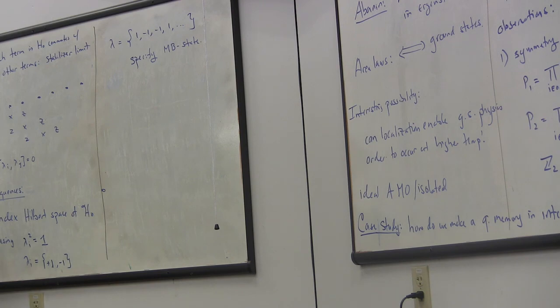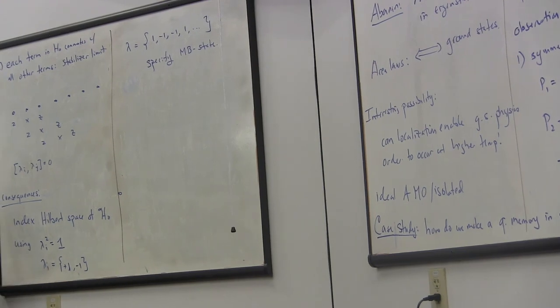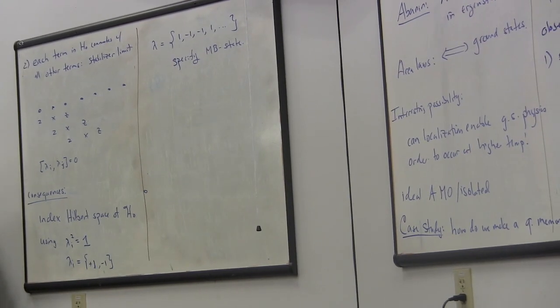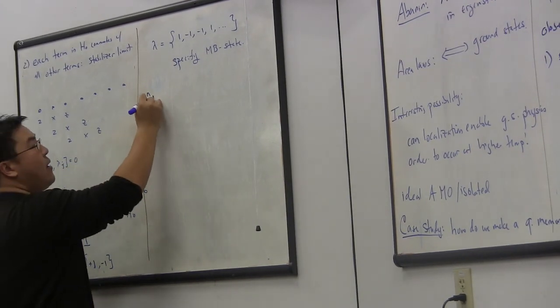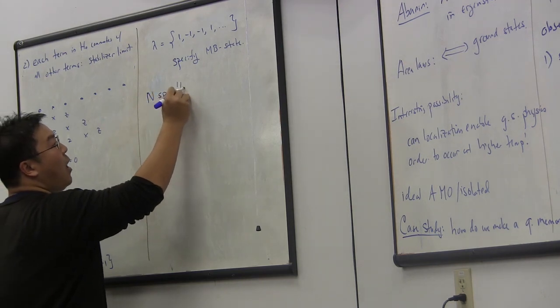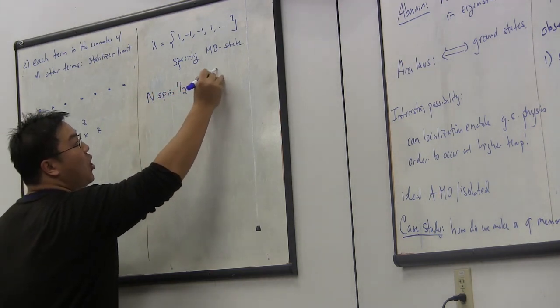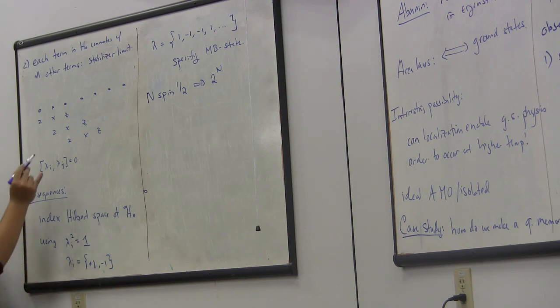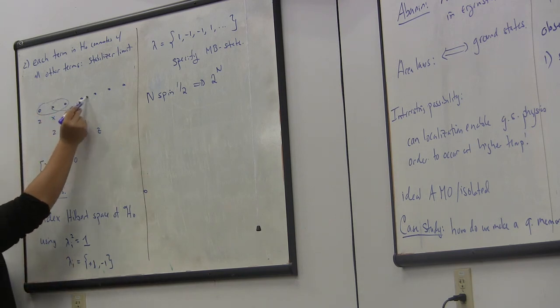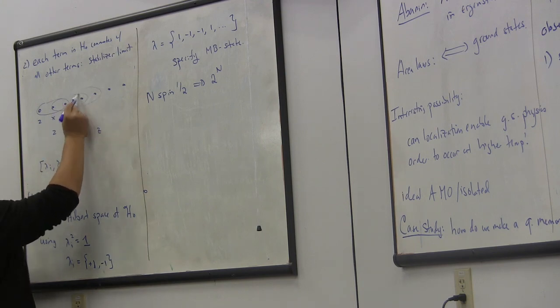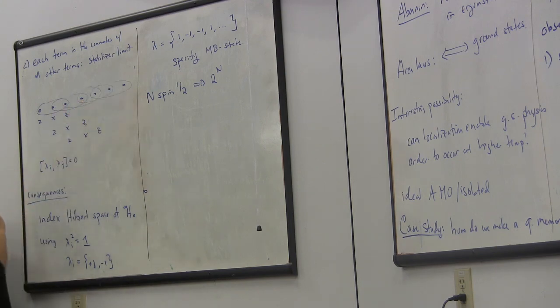But what we notice when we try to specify this many-body state is that the number of lambdas, when one has an open chain like this, does not fully specify the Hilbert space. We have n spin 1/2 objects, which means that the expected Hilbert space is 2 to the n. Let's count the number of lambdas together. There's 1 lambda here, 2 lambdas here, 3 lambdas here, 4 lambdas here, 5 lambdas.